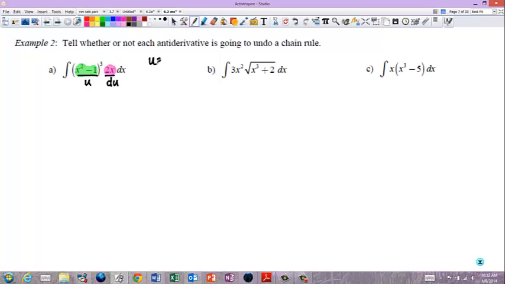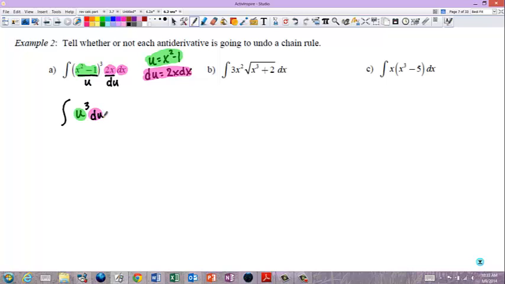So what happens, this is what you do. You let u be your inside function, and then you take the derivative of the inside function. Well, the derivative of x squared minus 1 is 2x dx. And then we substitute it. We let x squared minus 1 be u, so it's u cubed, multiplied by 2x dx, which is du.